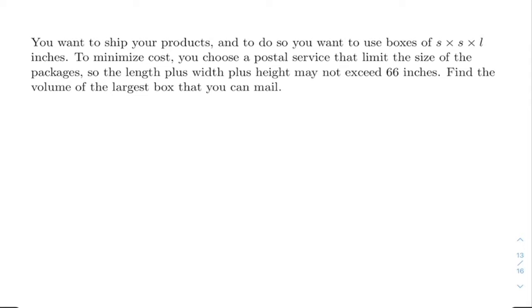So the first step here should be to detect what is the function that we want to maximize. So we go to our problem and we see that we want to maximize the volume. We have a box that is S by S by L, so maybe let's start drawing an example.